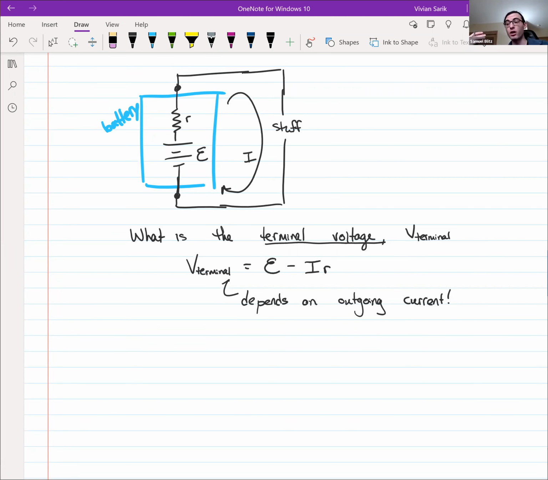Similarly, if you have a small current flow through the circuit, then your terminal voltage will be a lot closer to the actual EMF of the battery because this contribution will be small. So this is why, for example, you can put more resistors in a circuit and increase the voltage across the battery. Seems kind of strange, but it's precisely because adding more resistors decreases the current.